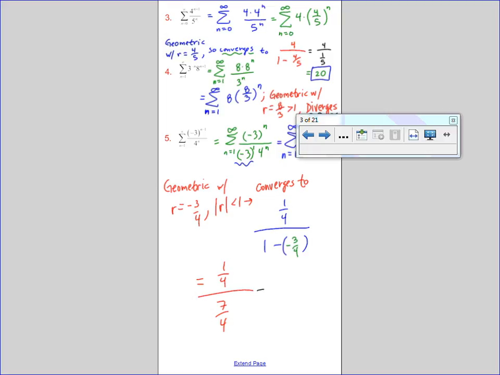And we know that's the same as multiplying by the reciprocal. So 1/4 divided by 7/4 is the same as 1/4 times 4/7. Well, that does work out nicely, doesn't it? Second favorite game, you guessed it, the cancel game, so I get 1/7. Awesome.